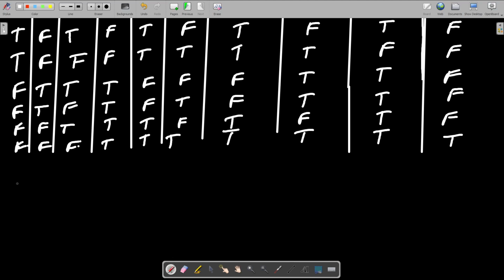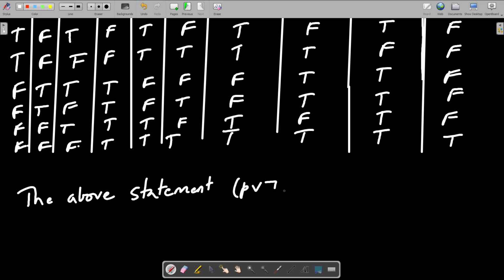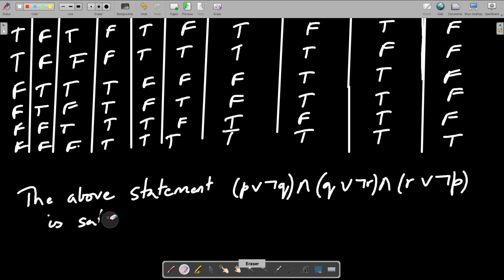So write down: the above statement, P or not Q and Q or not R and R or not P, is satisfiable.